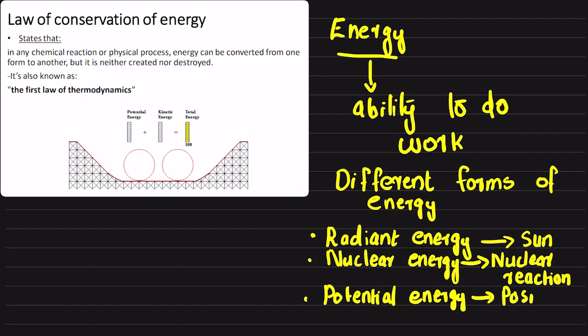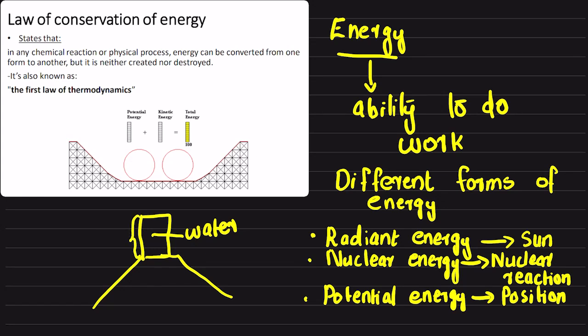For example, if you are keeping some water in a tank, this is the tank that I kept at a height, and this is the ground level. So I kept water in the tank, which means it is related to the position. The energy here is the potential energy.